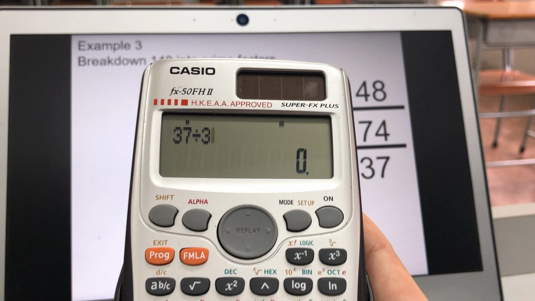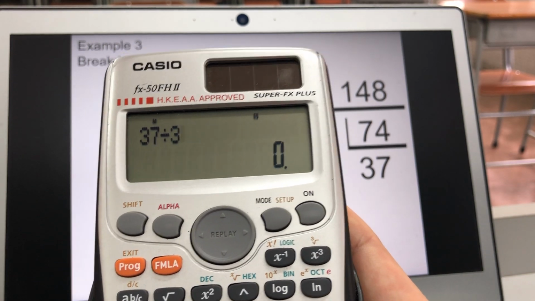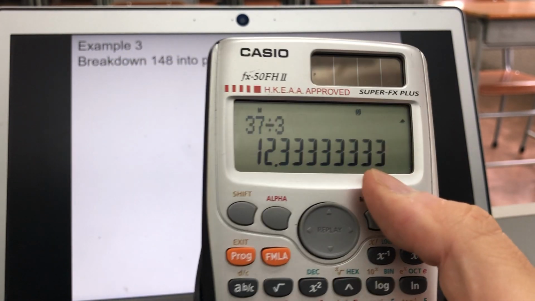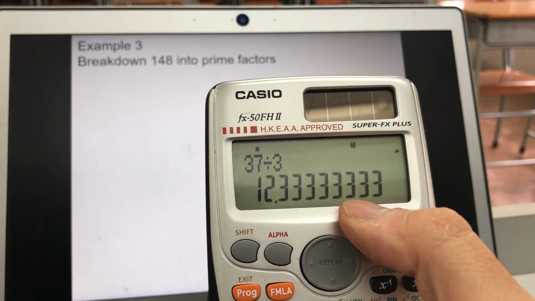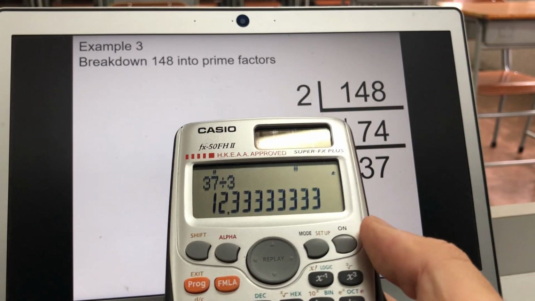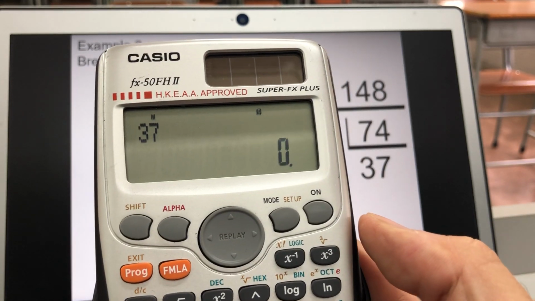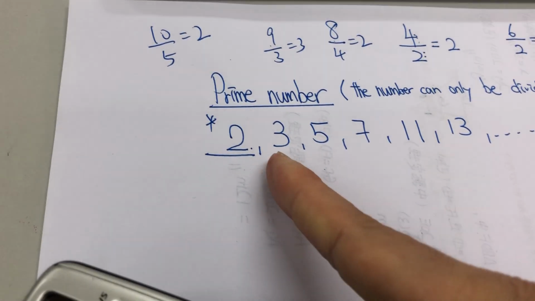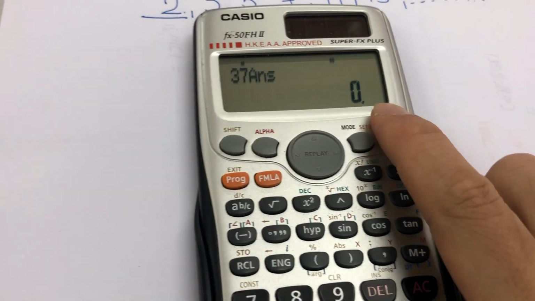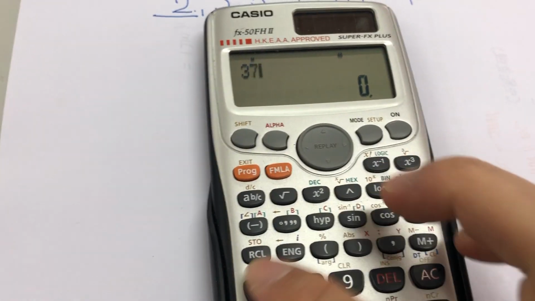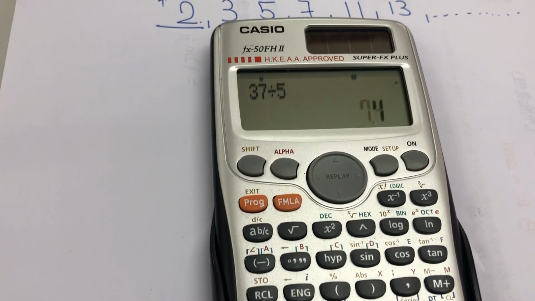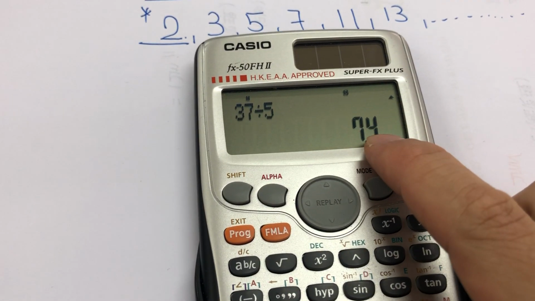Do you think that 37 could be divided by 3? Let's try. Oh, so ugly. So many decimal numbers. 37 cannot be divided by 3. And then what about the next prime number? 2, 3, and then 5. So 37 divided by 5. Also, we have a decimal point here.